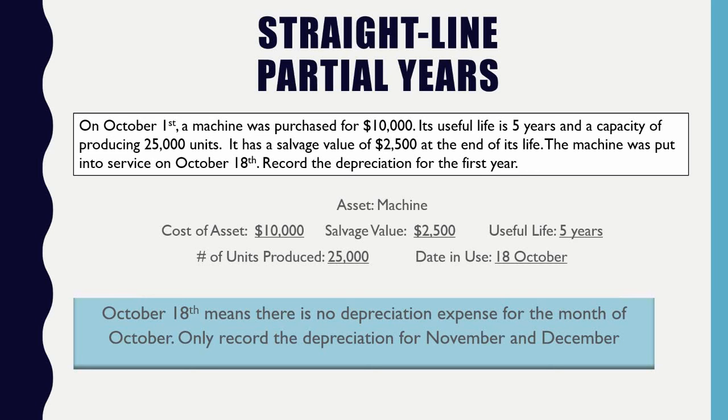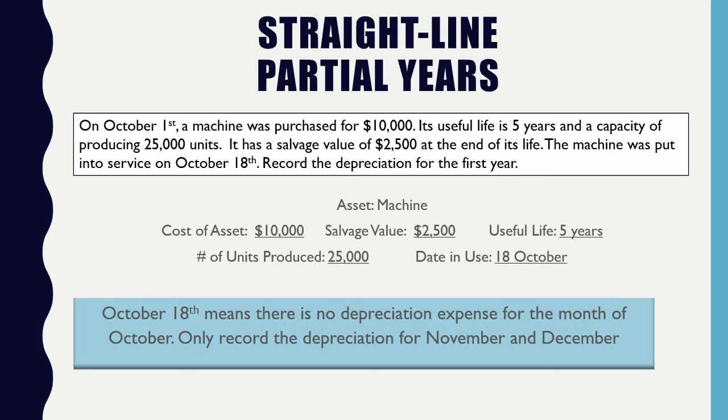It's going to be a fraction of what you're supposed to be depreciating every year. You need to solve for a second one for the second year because then you'll have a full year's worth of the asset and then you can proceed to depreciate it the same. So the first year, when we have partial years, is going to be the fraction of what it's supposed to be for the year.